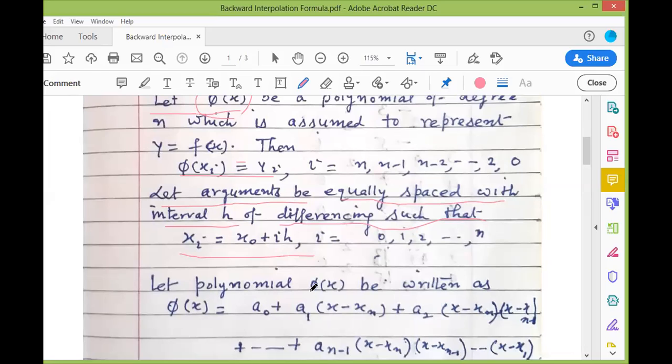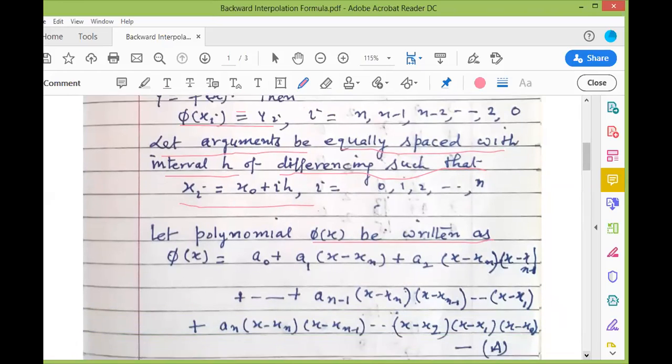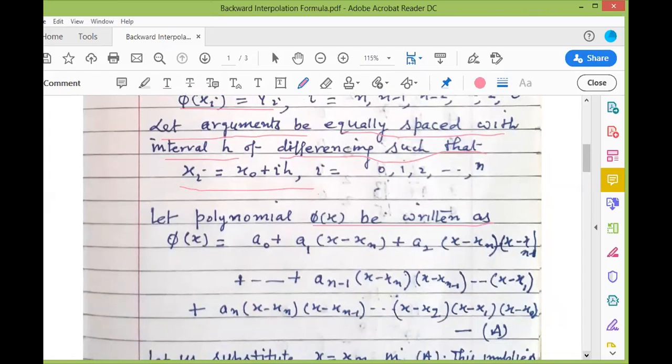Let polynomial phi(x) be written as follows. We have discussed a lot about how many ways this polynomial can be written. We have seen the Newton's shifted power form polynomial, which was used in Newton's forward interpolation formula. We have seen Newton's popular representation of the polynomial, which was used in the derivation of the forward interpolation formula.